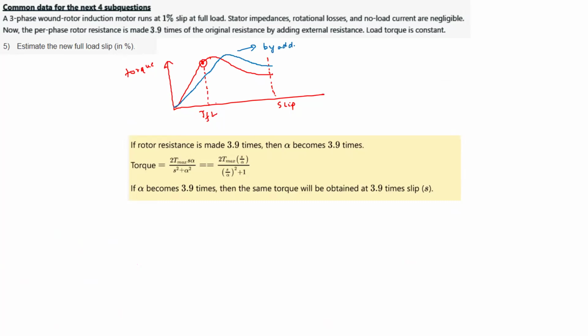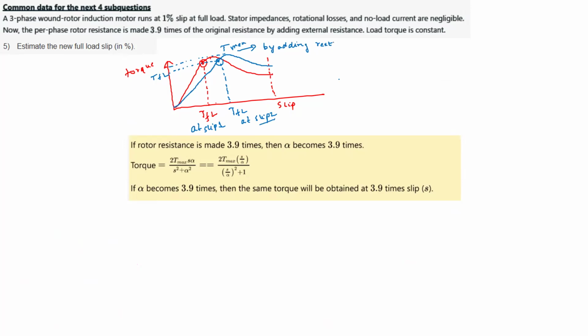By adding R external, you will see that the value of T max and the value of T full load will remain the same. So this is T full load at slip 1, and this is T full load at slip 2.